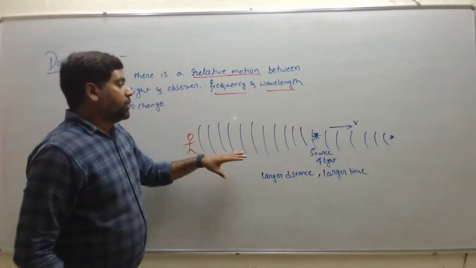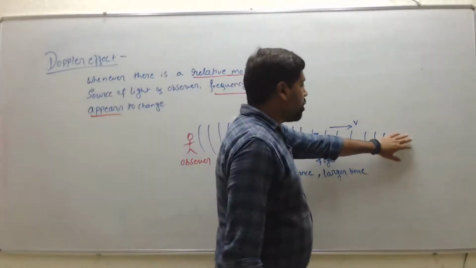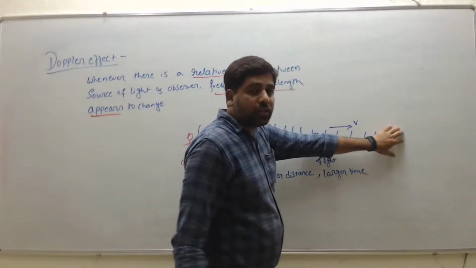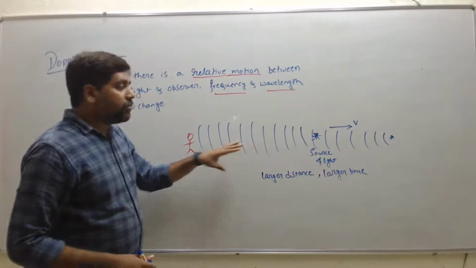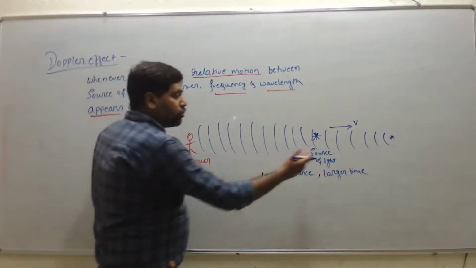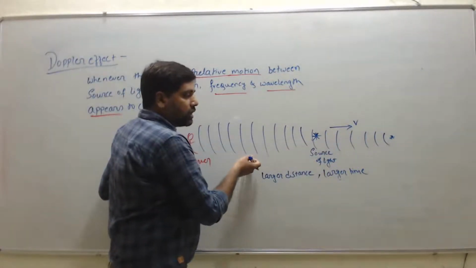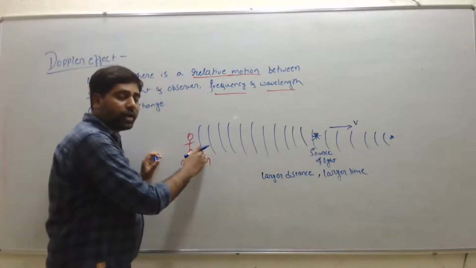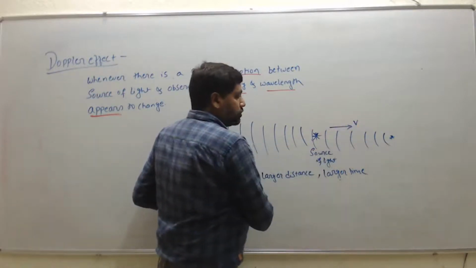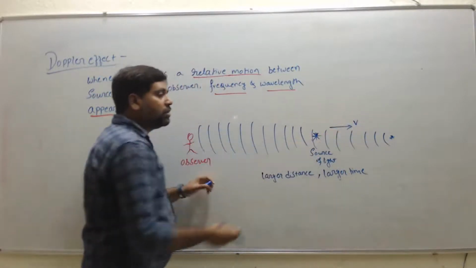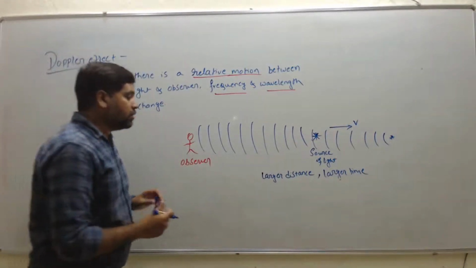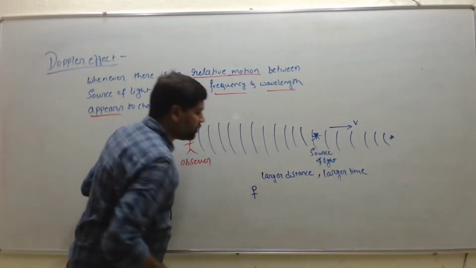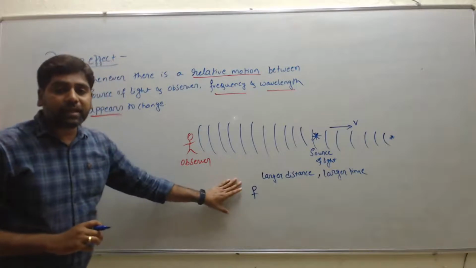Hence the frequency measured decreases, due to the larger time taken between successive wavefronts at the observer as compared to the source.